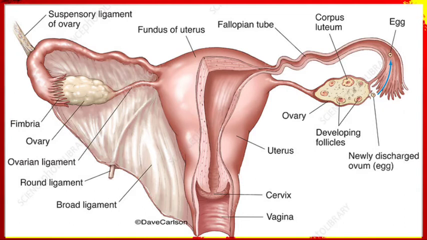Okay, so if one ovary forms the egg cell in the first month, then the other ovary will produce the egg cell in the next month. This is the way the ovaries release the egg cell alternately every month.